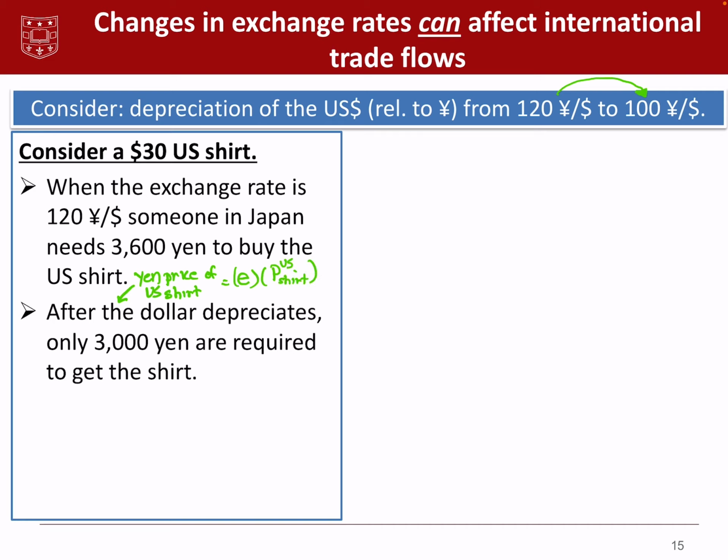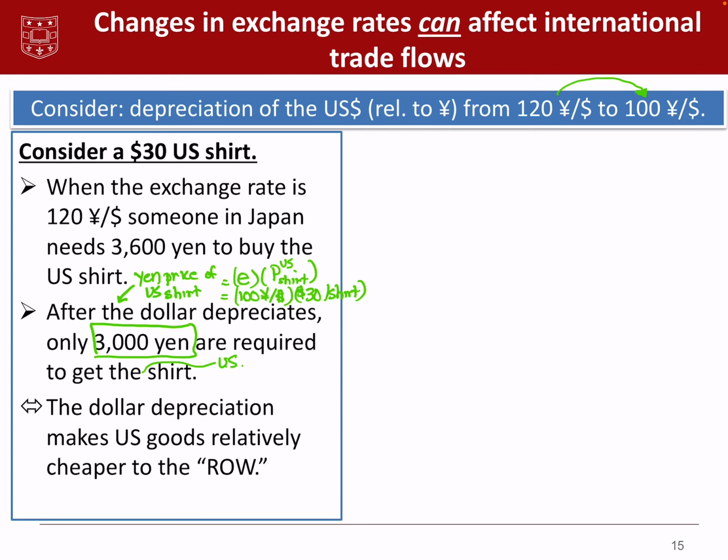So the exchange rate is now 100 yen per dollar times $30 per shirt. And that gives us a yen price of 3,000 yen to get this US shirt. So we could put US in here if that helps.